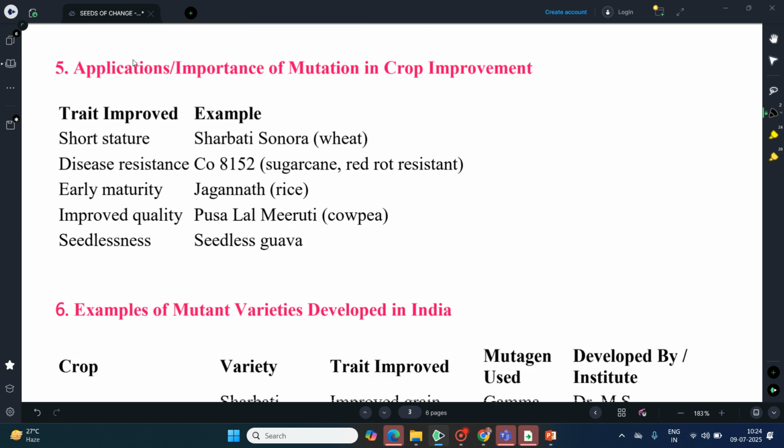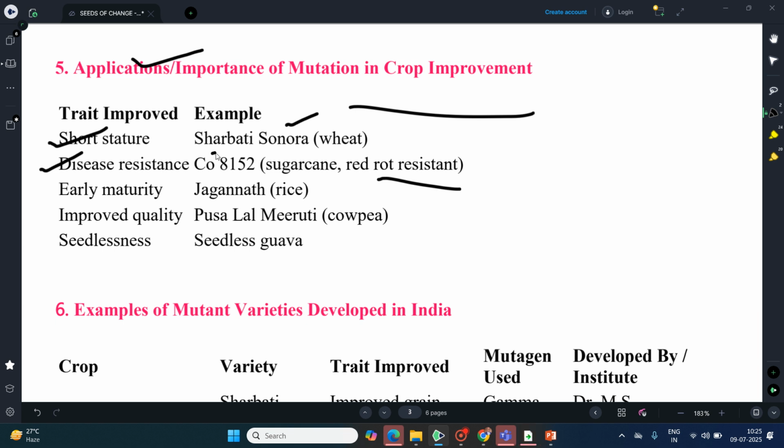Then application and importance of mutation in crop improvement. As told earlier, it creates some kind of traits or characters, such as short stature. Sharbati Sonora in wheat is the example. Disease resistance in sugarcane, red rot resistant variety, Co 8152.